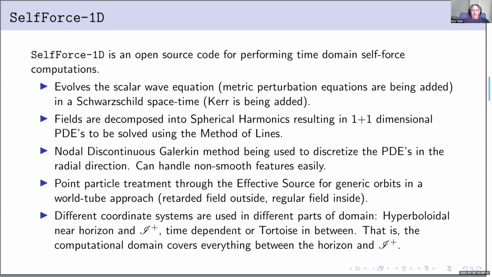Then near the horizon, we use hyperboloidal coordinates to place the horizon at a finite coordinate location. And on the outside, we also use hyperboloidal coordinates to place scri plus, or future null infinity, at a finite coordinate location.